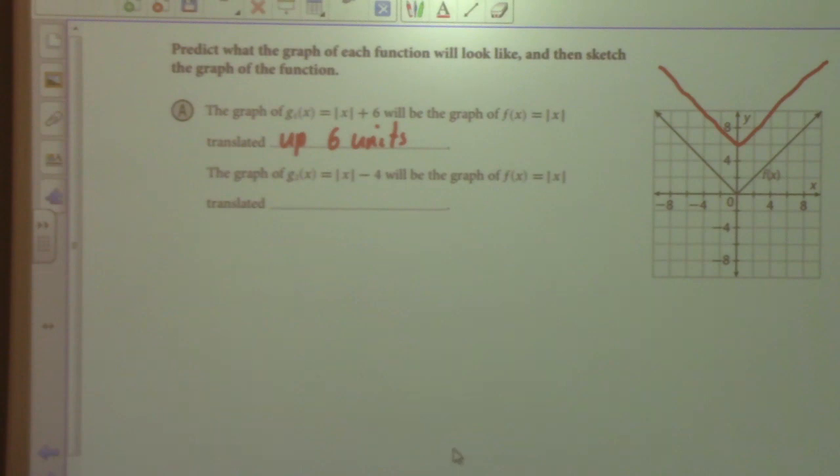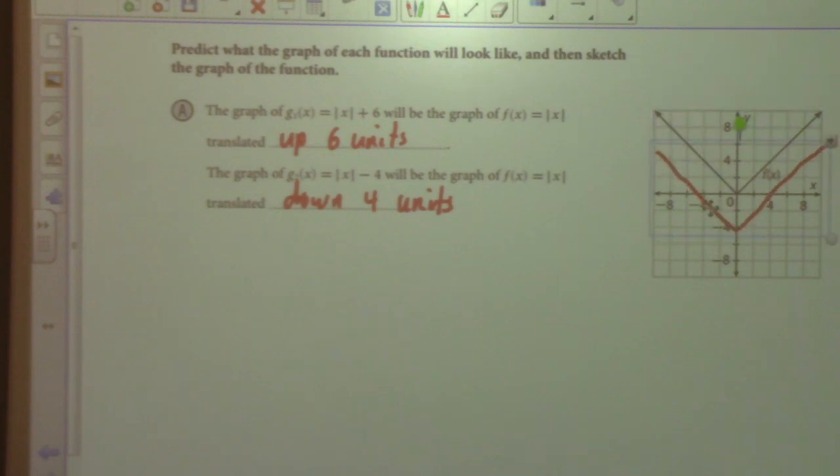All right. And the graph of g of x equals absolute value of x minus 4 will be the graph shifted down 4 units. And so now we're taking this thing, we're taking it down 4 units like this.